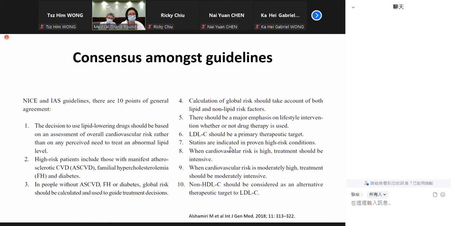So in people who haven't got these three conditions, for example patients with maybe just hypertension, obesity, or some risk factors, then what we should really use is to calculate global risk, based on certain established risk calculators, taking into account both lipid and also non-lipid risk factors, which we'll go on to talk about later.